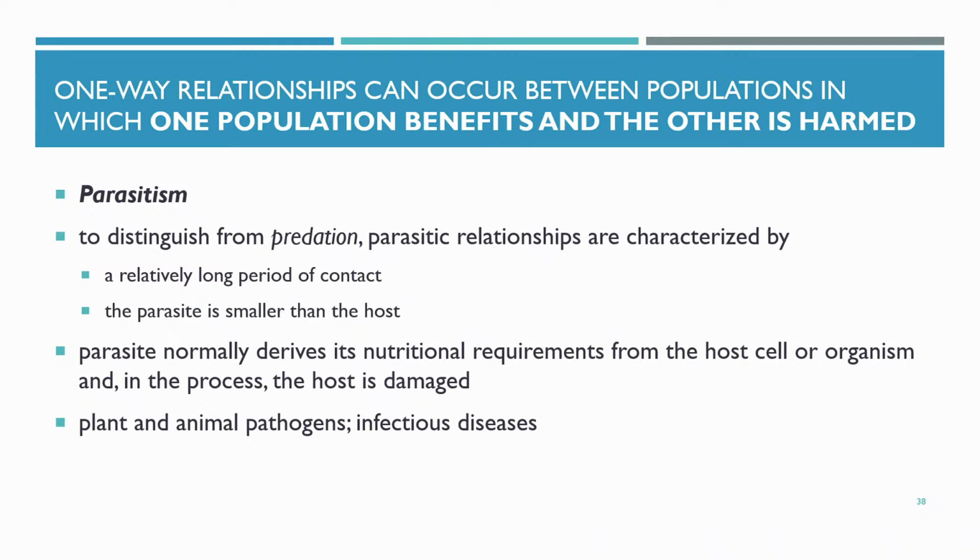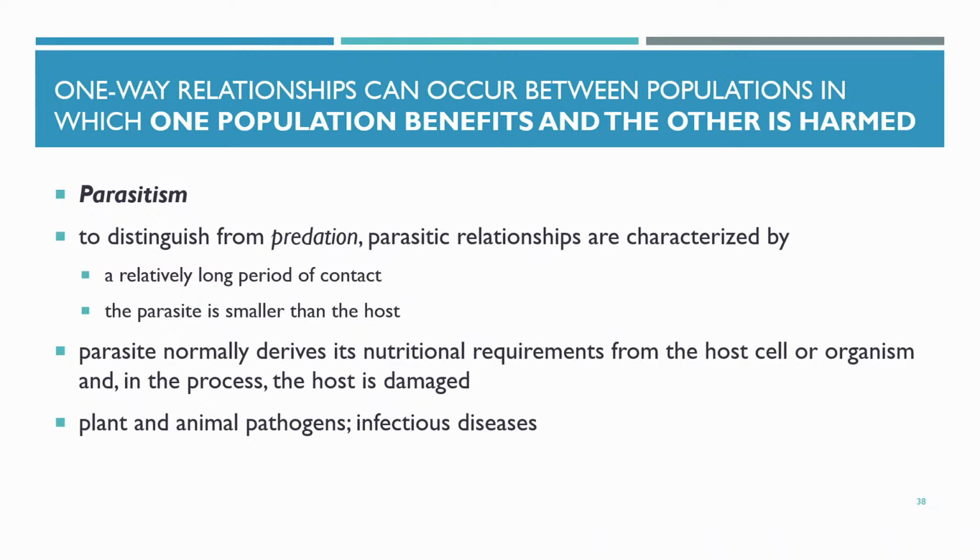The parasite is usually smaller than the host, which also is different from predation. The parasite normally derives its nutritional requirements from the host cell or the organism, and in the process, the host is damaged. It's getting its nutritional requirements and it damages the host through that process.